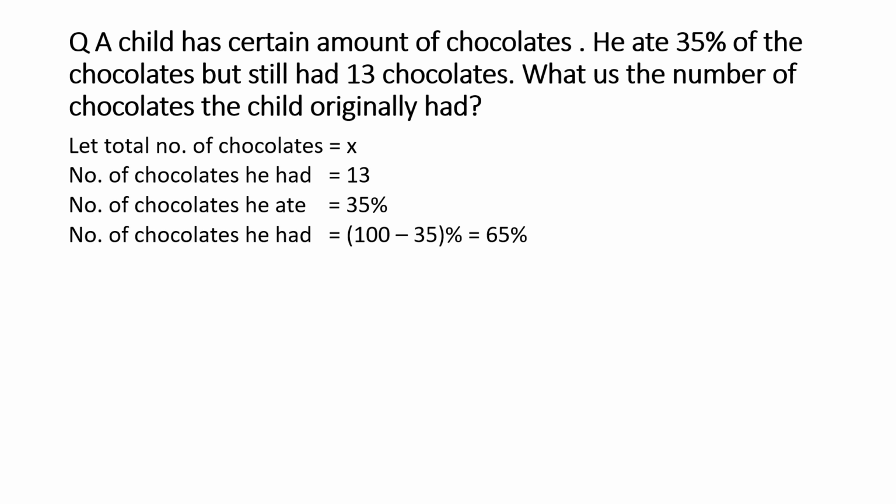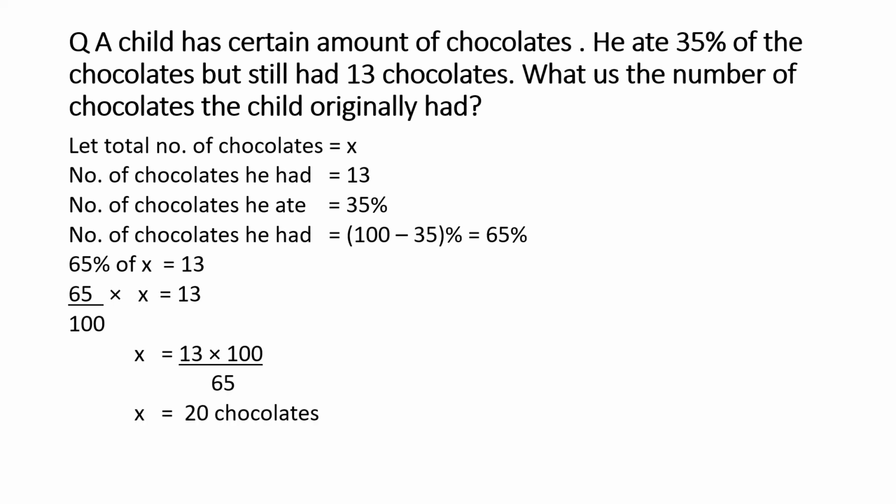Now 65% of the total chocolates is equal to 13, because we have found the number of chocolates he had in percentage as well as in number. So now we are going to equate them. 65% of the total chocolates, which we have taken as X, is equal to 13. 65 by 100 into X is 13, so X is equal to 13 into 100 by 65, and the value of X is 20. The child originally had 20 chocolates.